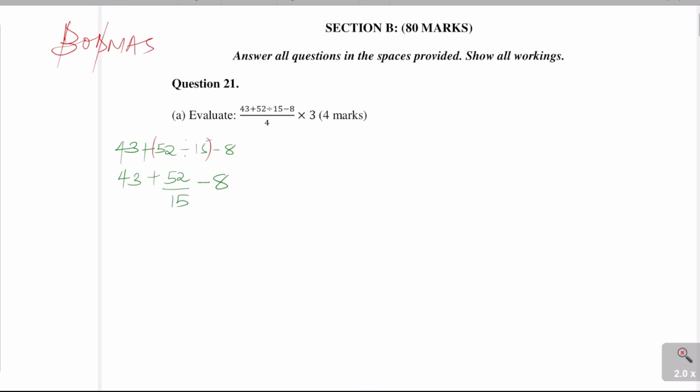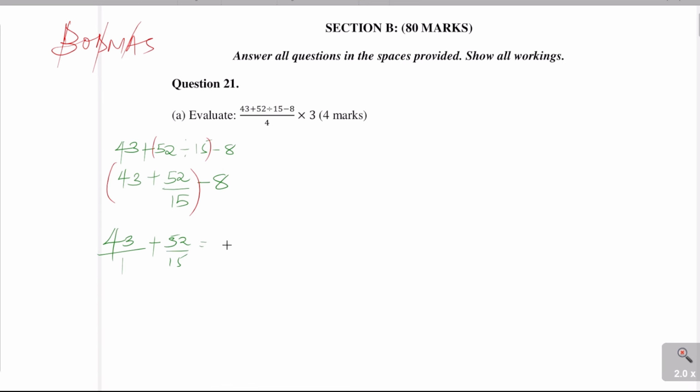So when it is like this, you notice now we have addition and then subtraction. So we can start with addition and then we go to subtraction according to the law of BODMAS. So I'll begin by adding these. So 43 is the same as 43 divided by 1 plus 52 divided by 15.